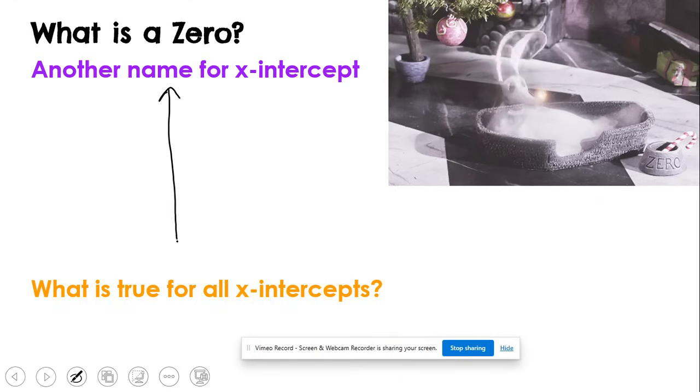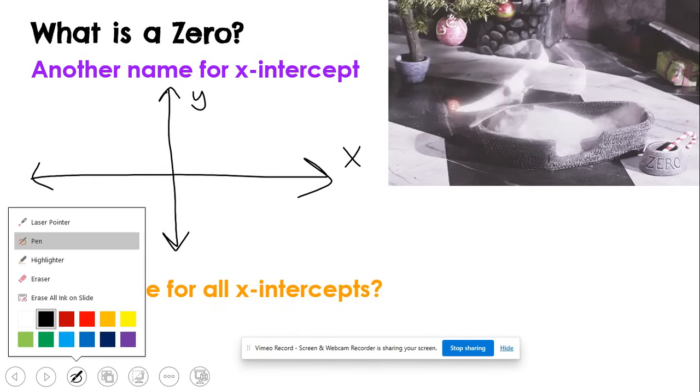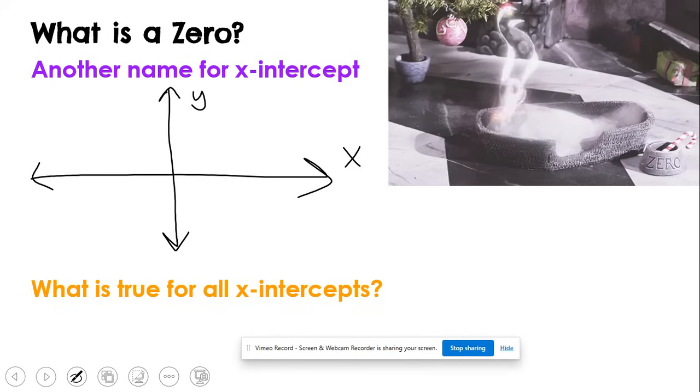So when we're graphing, we have our y-axis. Horizontally, we have our x-axis, and a zero is just wherever it crosses the x-axis, right? It could be right here at -1, 0, or it could be over here at +3, 0.